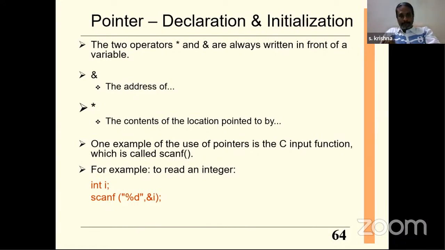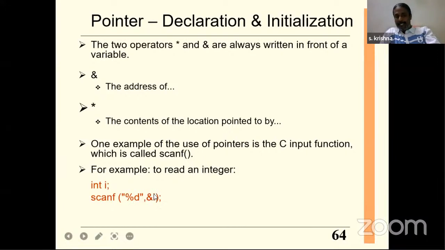One example of the use of pointers in C input is the scanf function. Every time we use scanf, we say int I and percent d, so we are giving the address of that I. What is stored in that address will be read. This is a typical example of a pointer.